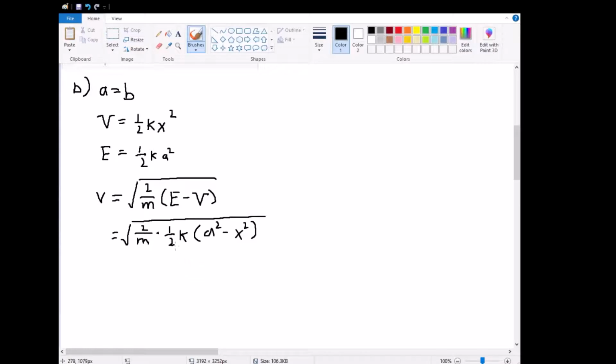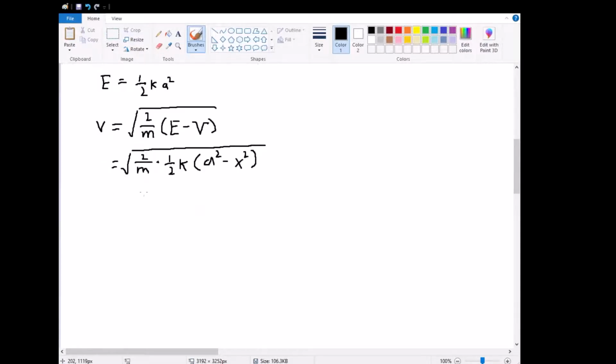And from here, we can do some more simplification, and the 2's cancel out, so this is the square root of k over m. And I'm actually going to move the A out here for now, so this is going to become 1 minus x over A squared.